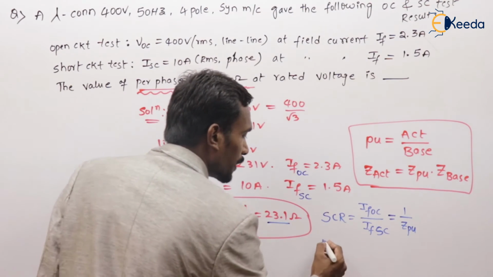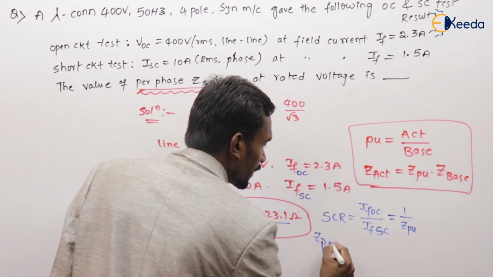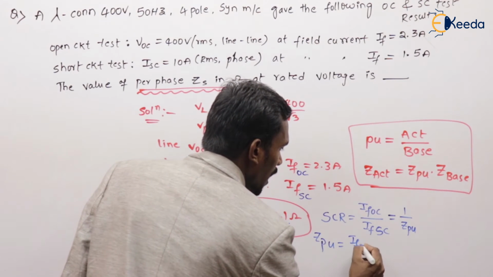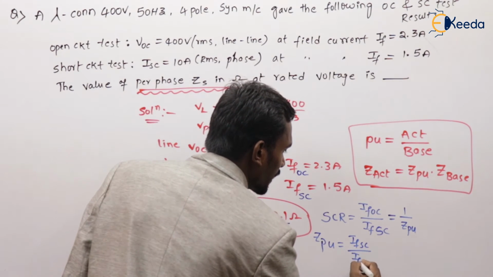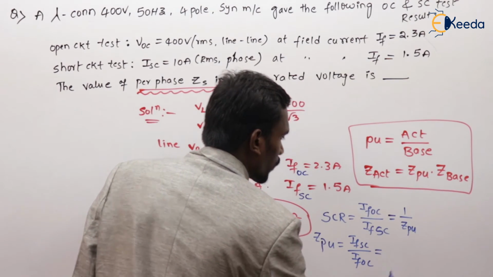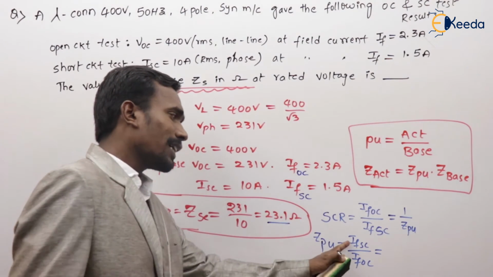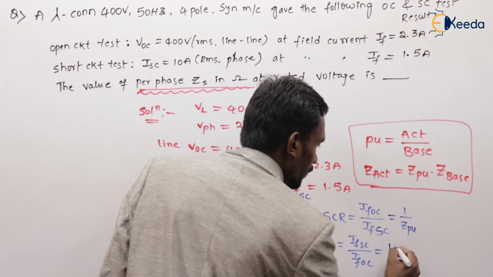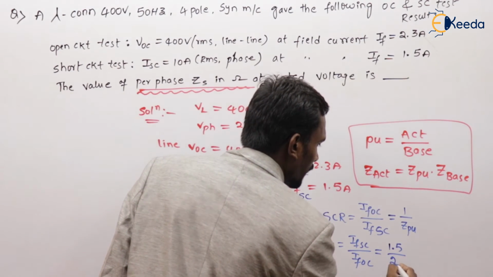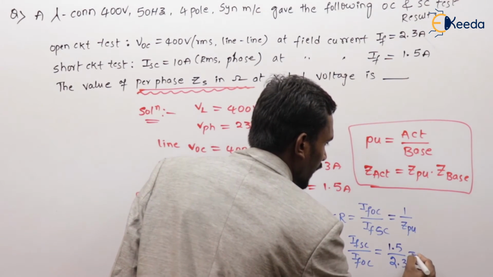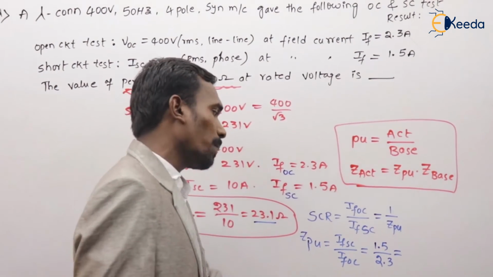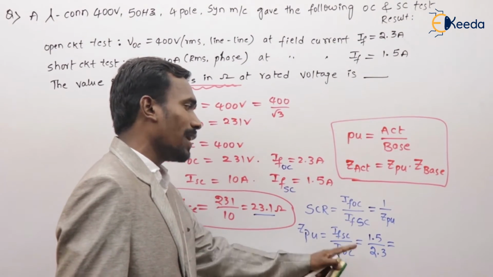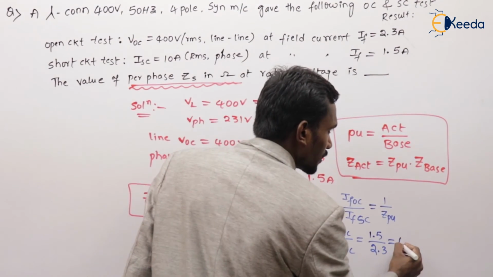Now tell me, what is the per unit impedance? The per unit impedance is equal to IFSC by IFOC. That is the field current required for rated armature current, 1.5, over the field current for rated open circuit voltage, 2.3.